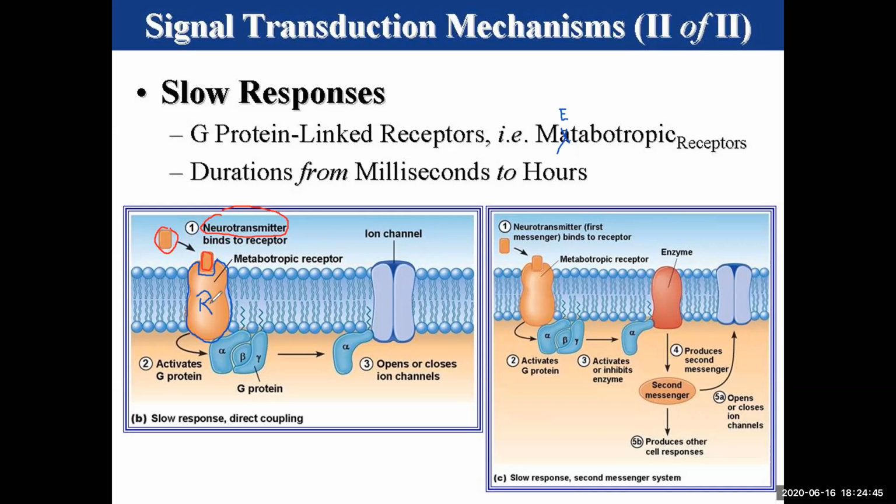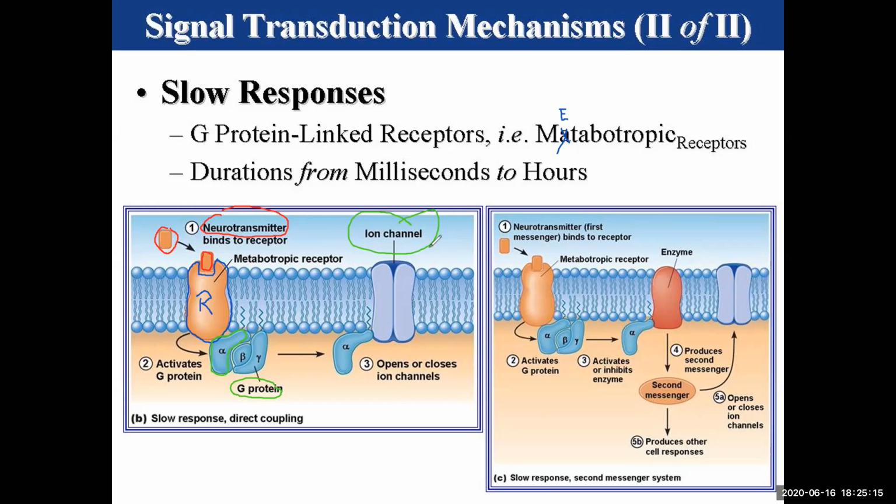it activates the G protein. The G protein becomes activated, specifically focusing on the alpha subunit. And the alpha subunit, once it's activated, it can go on to open an ion channel. So this alpha subunit can open an ion channel or can induce the closure of an ion channel.